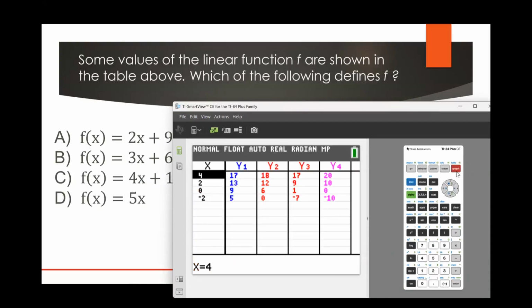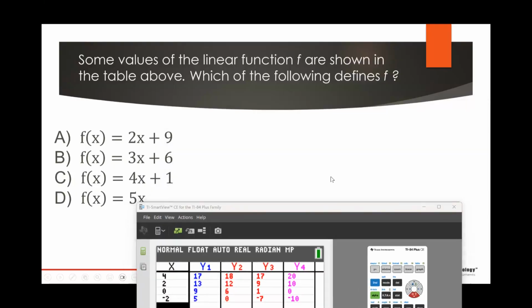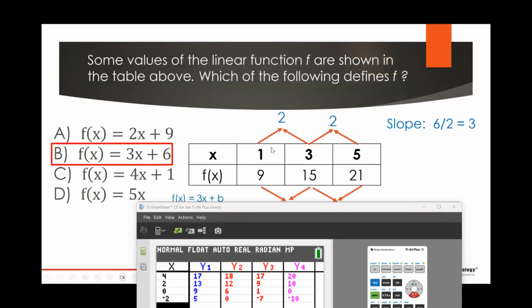And we want to make sure we enter numbers that are from our table. Right. So let's see what we've got. Let me go back to that previous screen so we all can see those. Okay, so X is 1, 3, and 5.